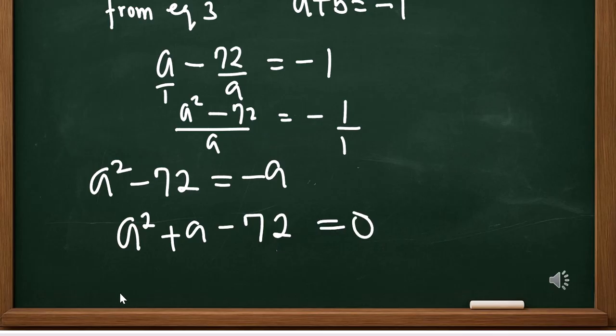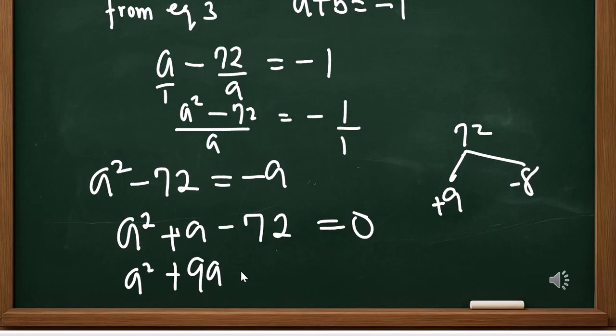Solving this quadratically, by looking at two factors of 72, we have 9 and 8. Now to get the negative, 9 is going to be positive and 8 is going to be negative, because 9 minus 8 is going to be plus 1, and plus 9 times negative 8 is going to be negative 72. So here I'm going to have a squared plus 9a minus 8a minus 72 equals 0.